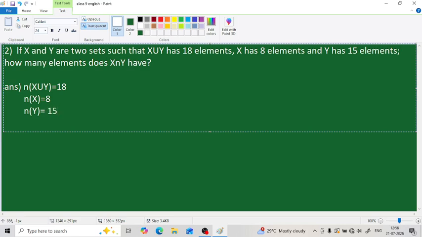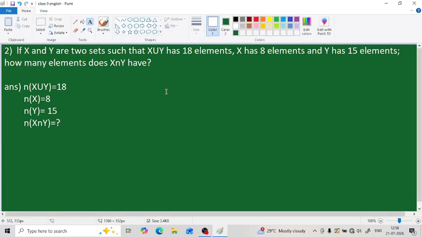Given that, how many elements does x intersection y have? So what does it mean? We have to find the value of n of x intersection y. So n of x intersection y equal to question mark. Okay, this much is the hypothesis that we can write from the question.